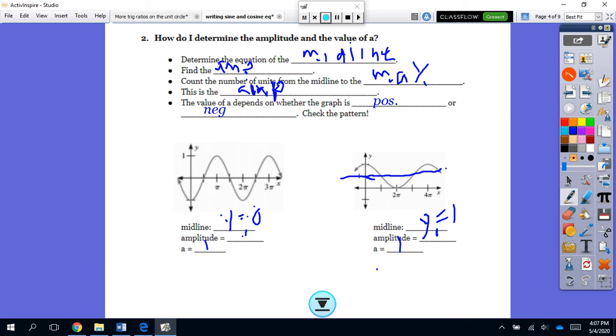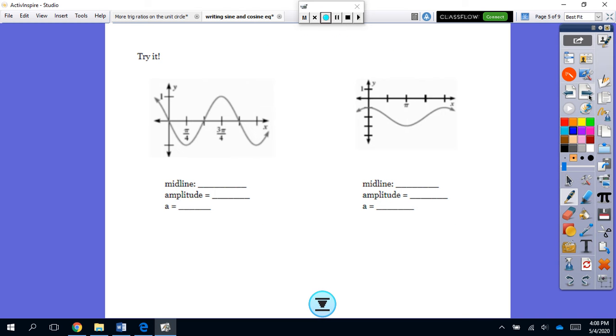Why is it positive? 0, so max, 0, min, 0, max. Yeah, it's positive. If it started down here and went up, then it would be a negative function. And in your examples, I believe I did give you one that's a negative function, so be aware of that. Yeah, one of these is negative.